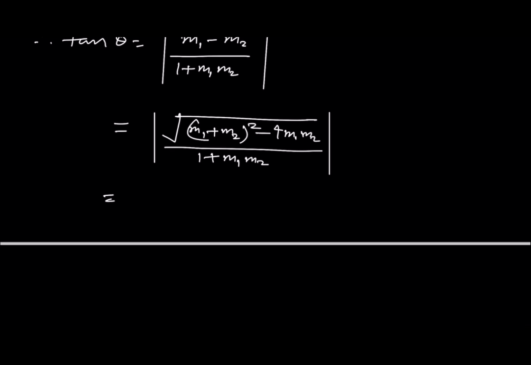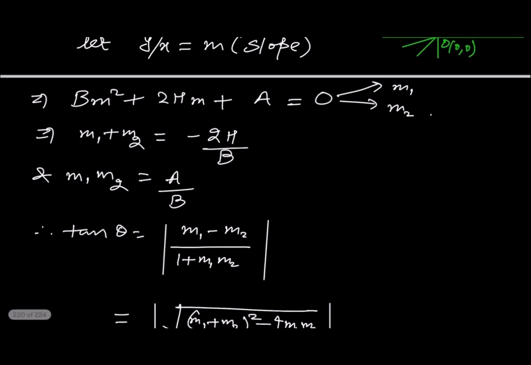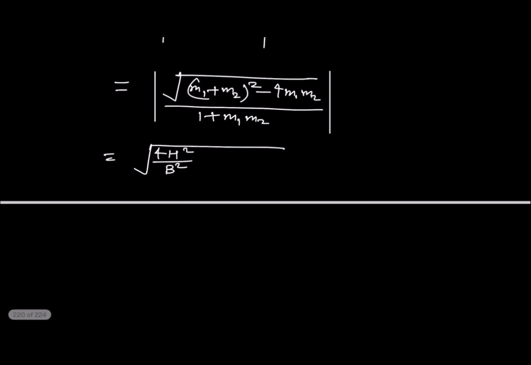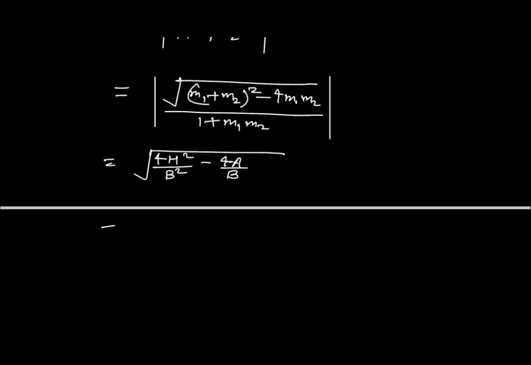So this can be written as root over 4 h square by b square minus 4 a by b, which is 2 root over h square minus ab, upon a plus b.